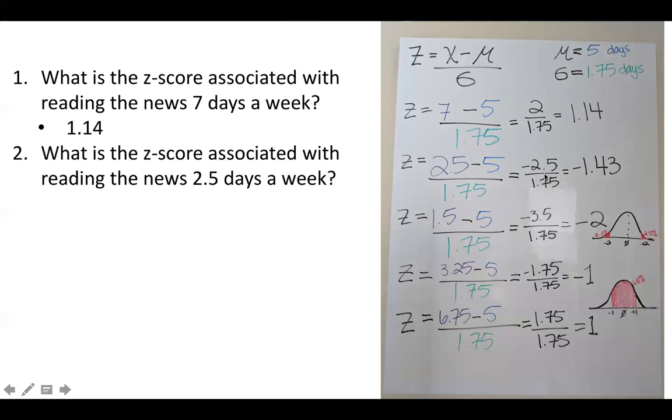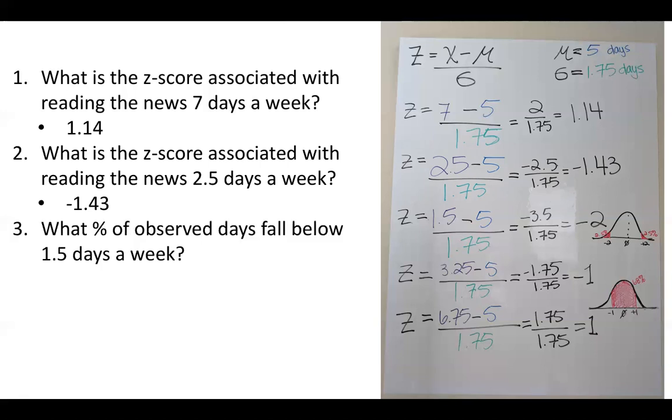So here my numerator, 2.5 minus 5, is negative 2.5. I divide that by 1.75, and I get a z-score of negative 1.43. Okay, so that is the z-score associated with reading the news 2.5 days a week.